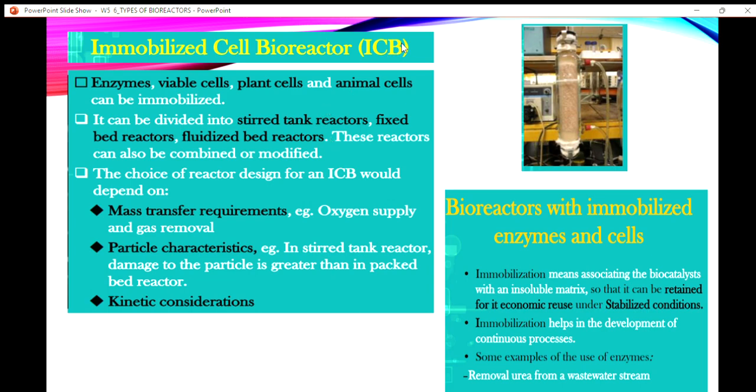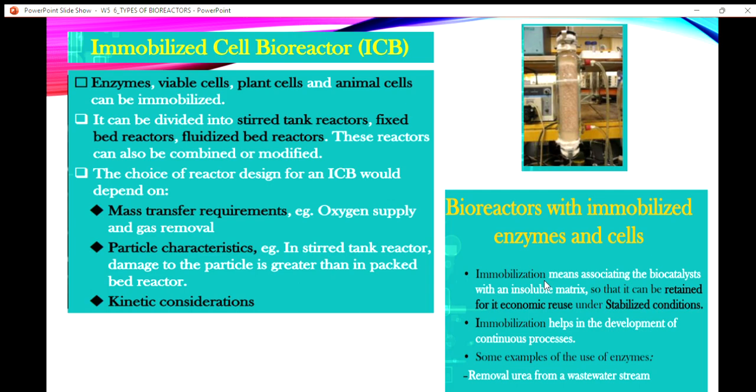But for this immobilized cell bioreactor, it means that your cell or your catalyst is immobilized in a support material. In this case, you need to consider the mass transfer requirement, the kinetic considerations, as well as the particle characteristics of your bioreactor or your packed bed.